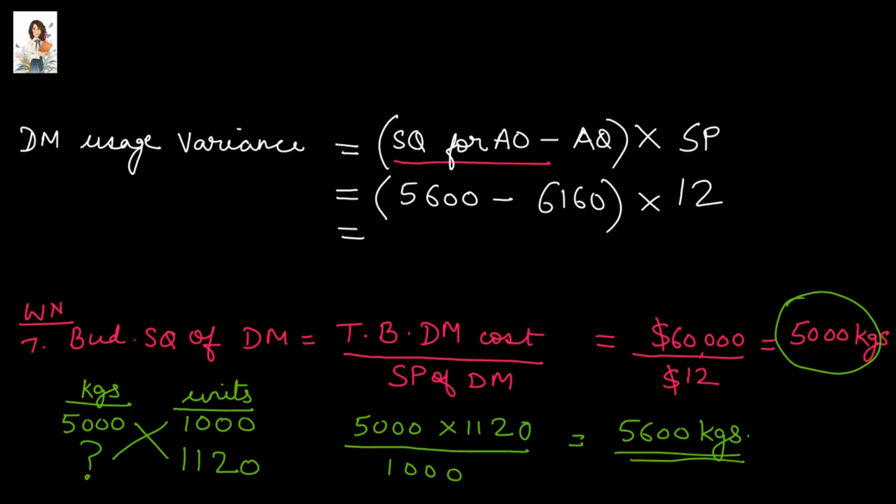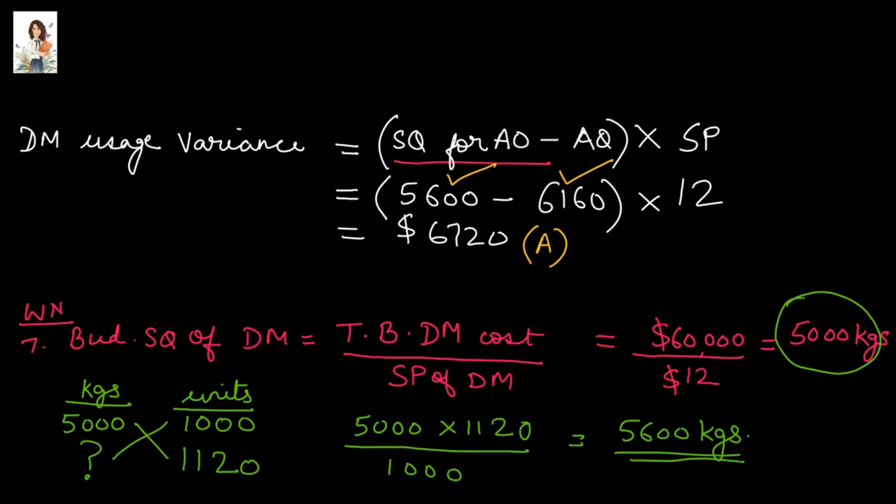Solving this further, we get $6,720. Now, the company had estimated that 5,600 kilos of material would be consumed, but actually 6,160 kilos of material were consumed. So, more material was consumed, which is not a good thing for the company, and therefore, this is an adverse variance denoted by the letter A in brackets.